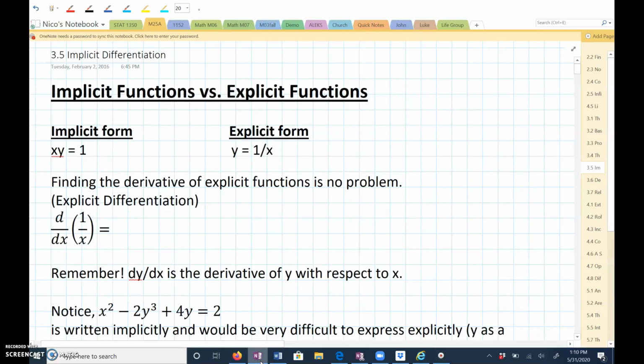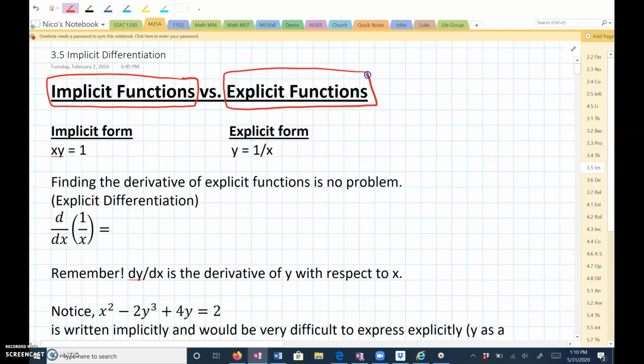3.5 Implicit Differentiation. Before we get into implicit differentiation, we need to go over the difference between implicit functions versus explicit functions. You're probably more familiar with explicit functions, where the equation is y by itself set equal to a function in terms of x.